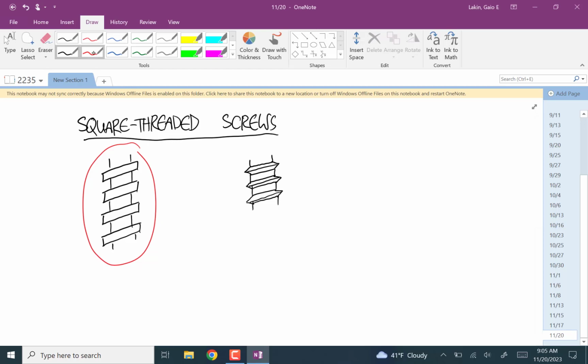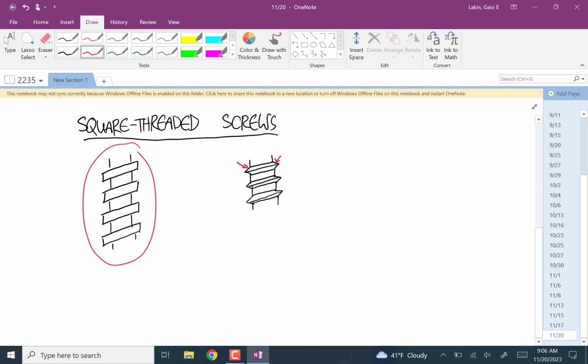But the problem is with these, if you draw a free body diagram of the nut that connects to the standard screws, you can imagine the forces that are being applied are at an angle, those normal forces.